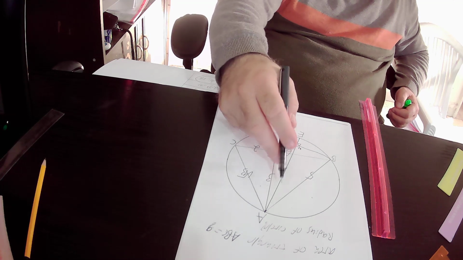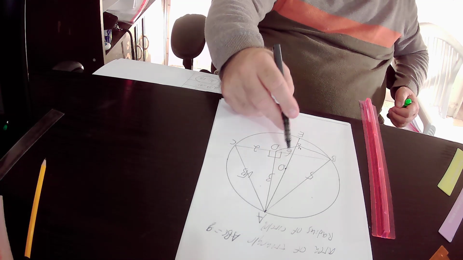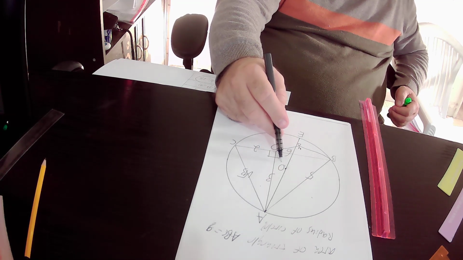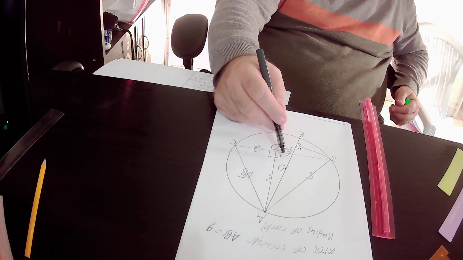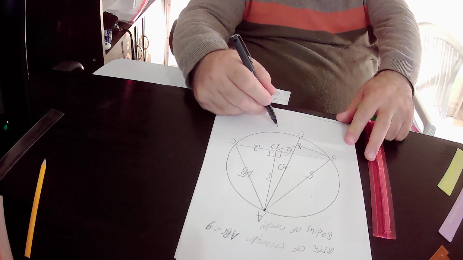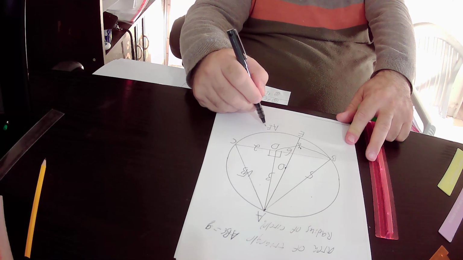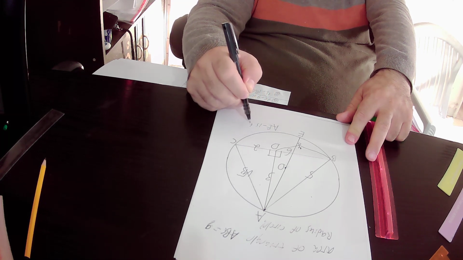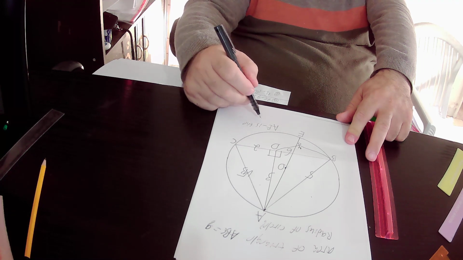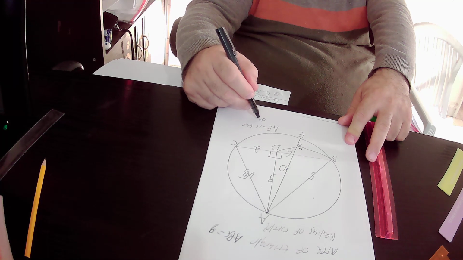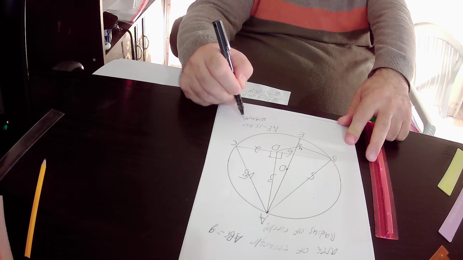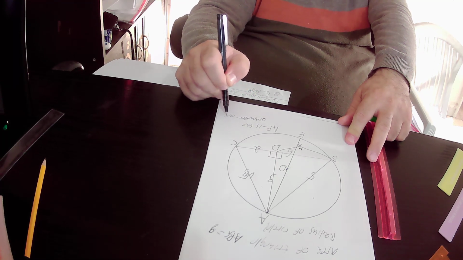Actually, chord AE passes through the center of the circle, and any chord that passes through the center of the circle is defined as the diameter. We can write here that AE is the diameter of the circle.